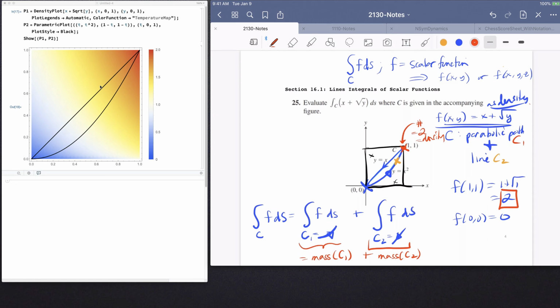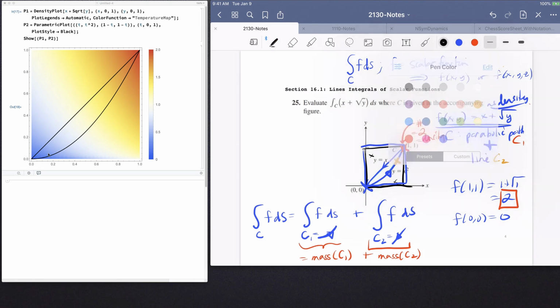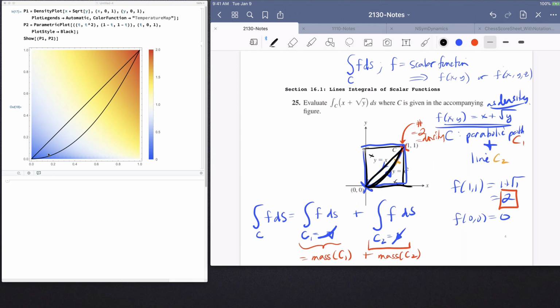By evaluating these integrals, we are finding the total mass. If you had this square region made out of certain material, and you were to cut out this path, we would figure out how much that curve weighs.